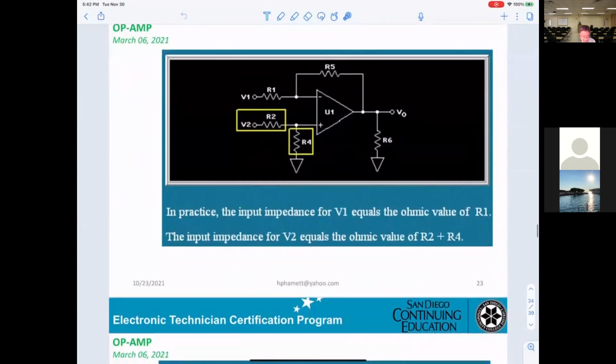Okay, let's see. You understand for this situation, if you want to calculate the output, then you have to solve the problem one by one. First, you ground V2 and calculate the gain for V1.